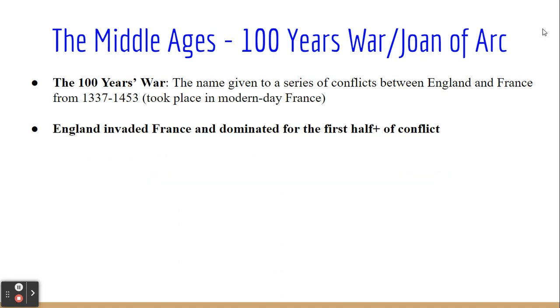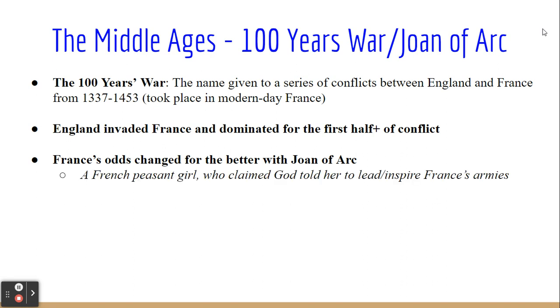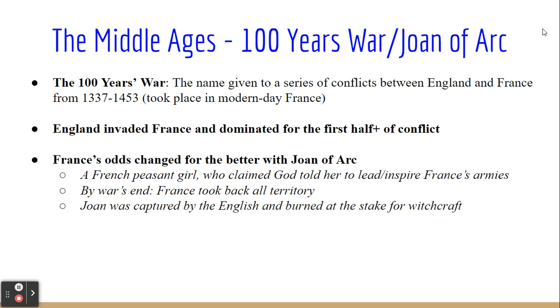But England invaded France and really dominated for the first half of the entire conflict. But the odds changed for France for a variety of reasons, and one of the biggest stories is the emergence of a female hero, a teenage girl by the name of Joan of Arc, who was a peasant. She claimed that God had given her visions to help lead and inspire France's armies.